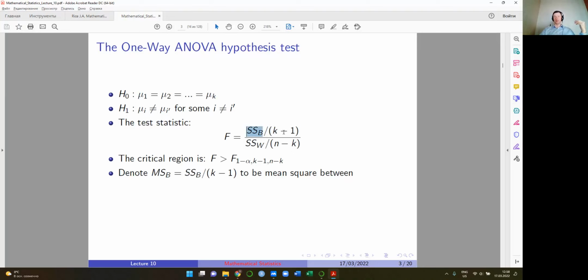And we want this variance to be significantly larger than this variance. Why do we want this? Because we want the variation coming from alpha to be large enough in order to conclude that this variation matters. So therefore, this is a one-sided test, and therefore we formulate the rejection region only as the right tail, not the left one.